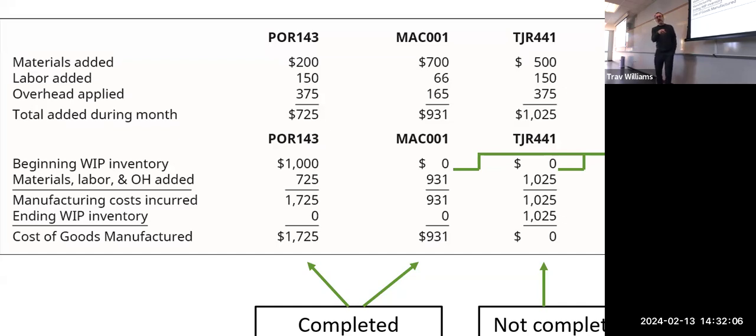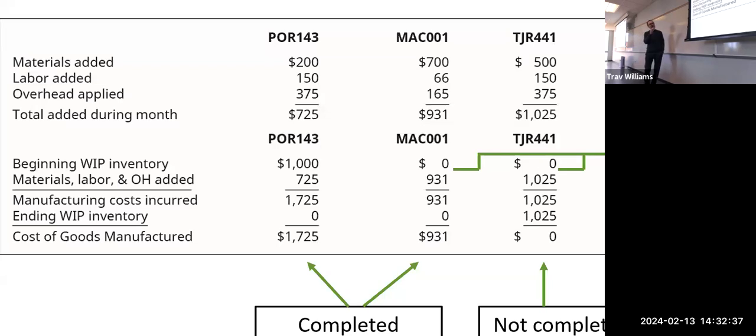That becomes the beginning work in process cost for this period. They added another $725, and that means now there's a total of $1,725 associated with this job. Again, subtract the zero work in process inventory because it's all complete now. There's nothing remaining in process. And the total cost of these goods that they manufactured is the $1,725. Does that make sense? Okay.